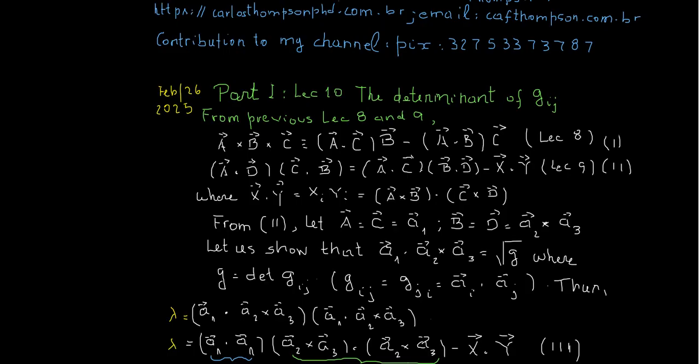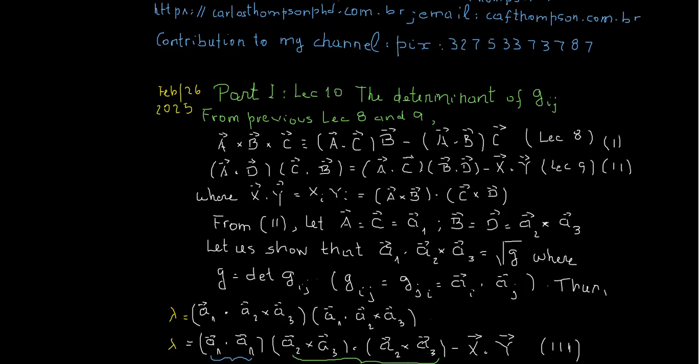I want to show that this mixed product, attention now, has a scalar dot product and also a cross product, which you call a mixed product. I want to show that this mixed product is equal to the square root of G, and G is the determinant of Gij.